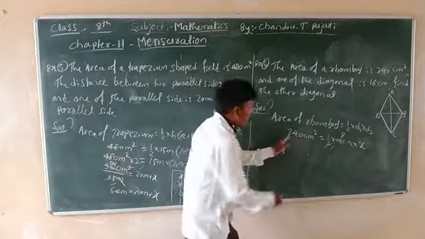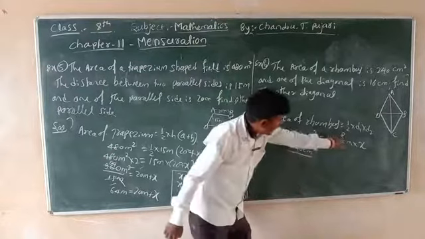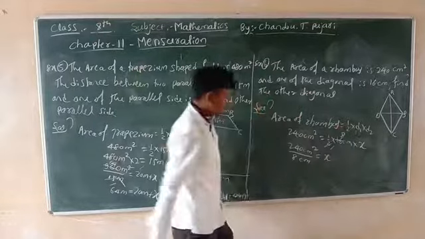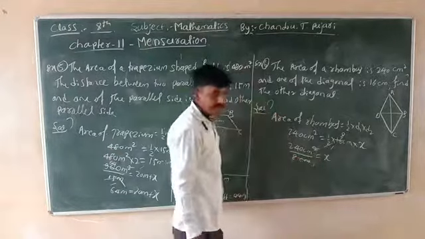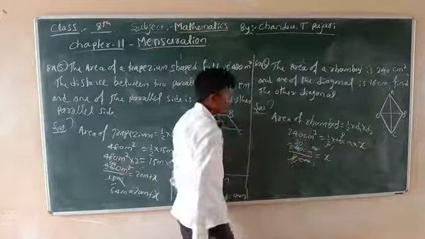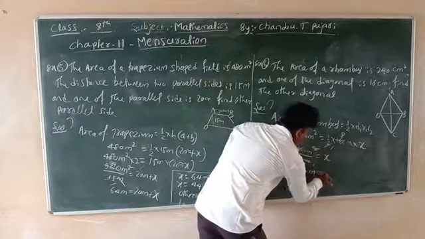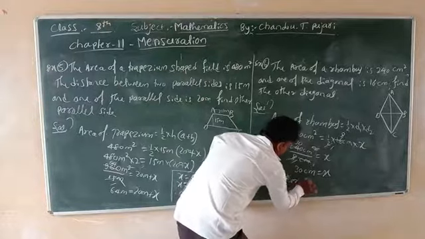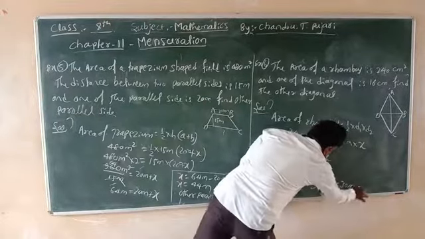Next, take 240 centimeter square, divided by 8 centimeter, is equal to x. Centimeter cancels. 8 threes are 24, so 30 centimeter is equal to x. Therefore the other diagonal is equal to 30 centimeter. This is your answer.